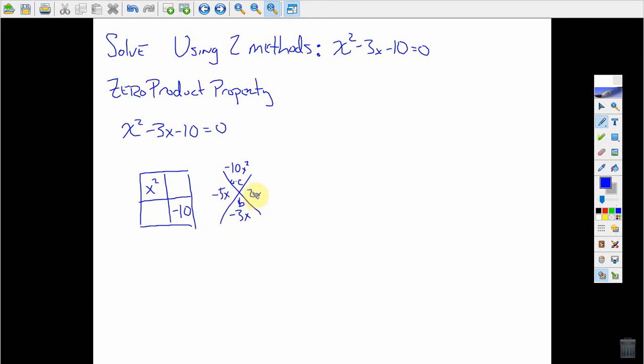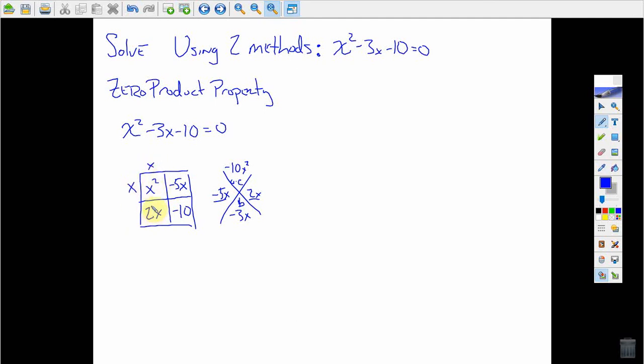So negative 5x times 2x gives us negative 10x squared. Negative 5x plus 2x gives us negative 3x. And then these two fill in the other two corners of our rectangle. So negative 5x and 2x. Then we're going to factor this. We're going to find the edges of the rectangle. So we're going to say x times x gives us x squared.